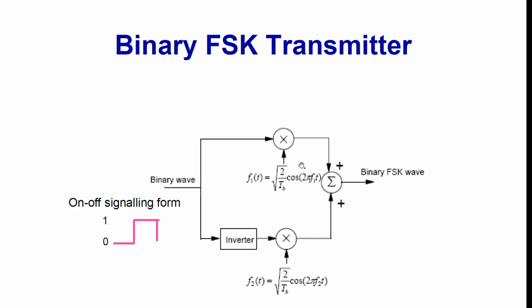Since there is an inverter, if the input is 0, our output will be root of 2 by TB cos 2 pi f2t. Now if the input is 1, then here the input will be 0. So 0 into root of 2 by TB you will get as 0 here, and here the output will be root of 2 by TB cos 2 pi f1t.